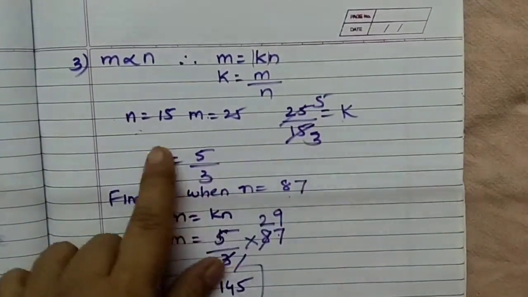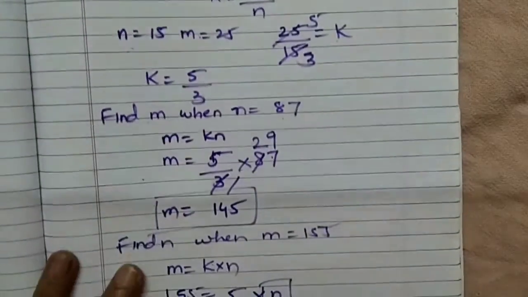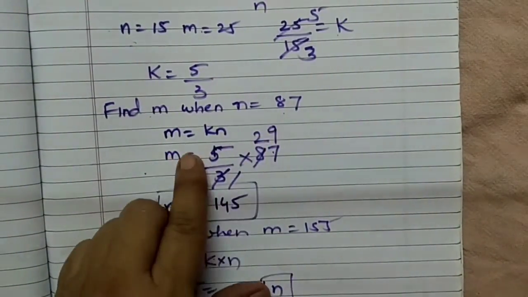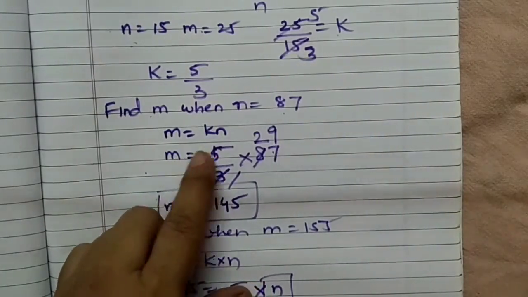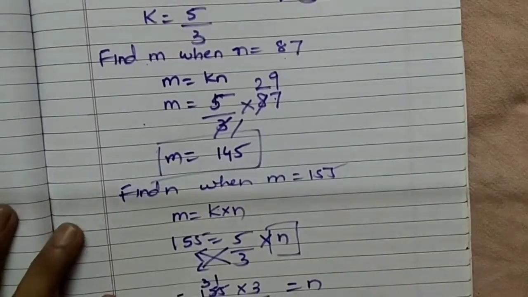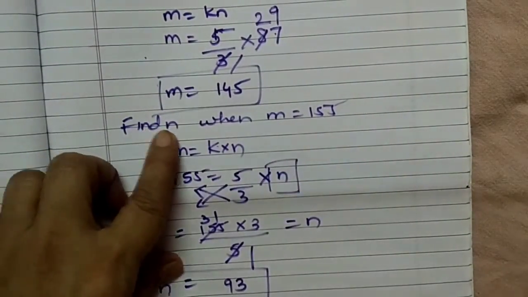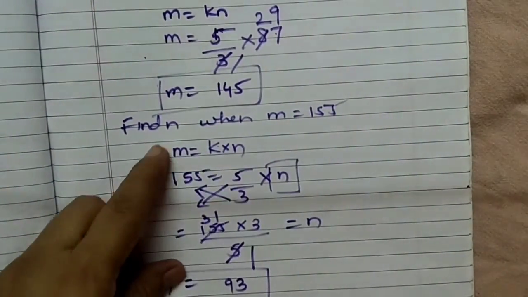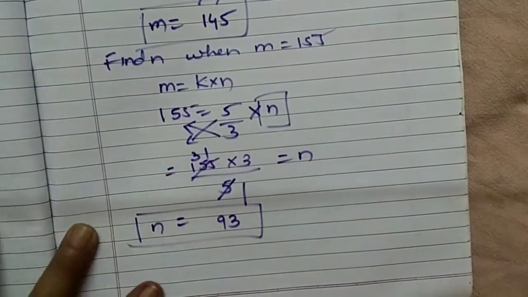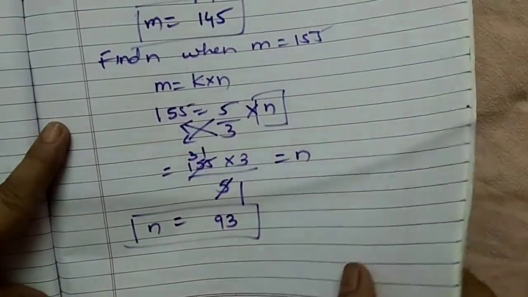K is 5 upon 3. Using this value of k for the next part, where finding m, we substituted the value of k. We had the value of n given to us, we found out m. In the second part, n was not given, m was given. Using the same k, we found out the value of n also. So this is the way we have to do the sums.